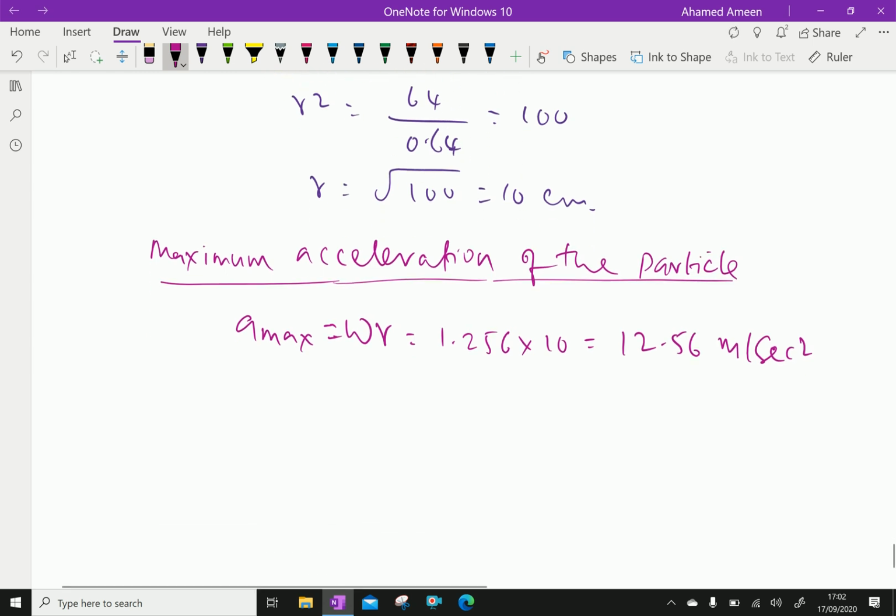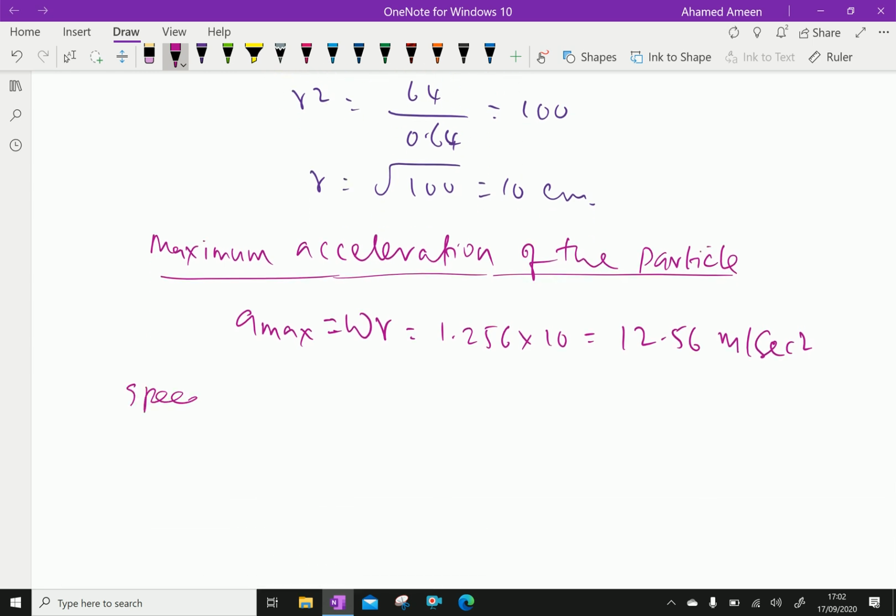Now the speed of the particle. Next, the speed of the particle when it is 6 centimeter from the center of oscillation.